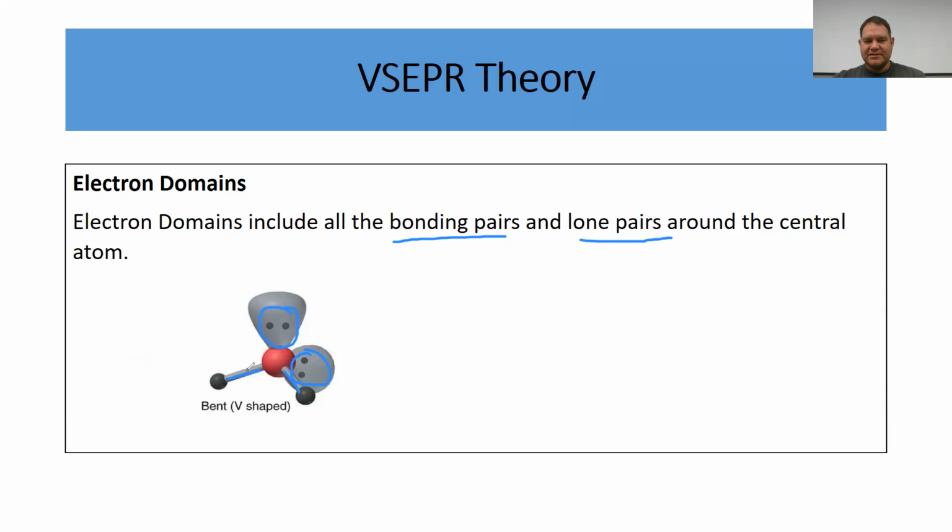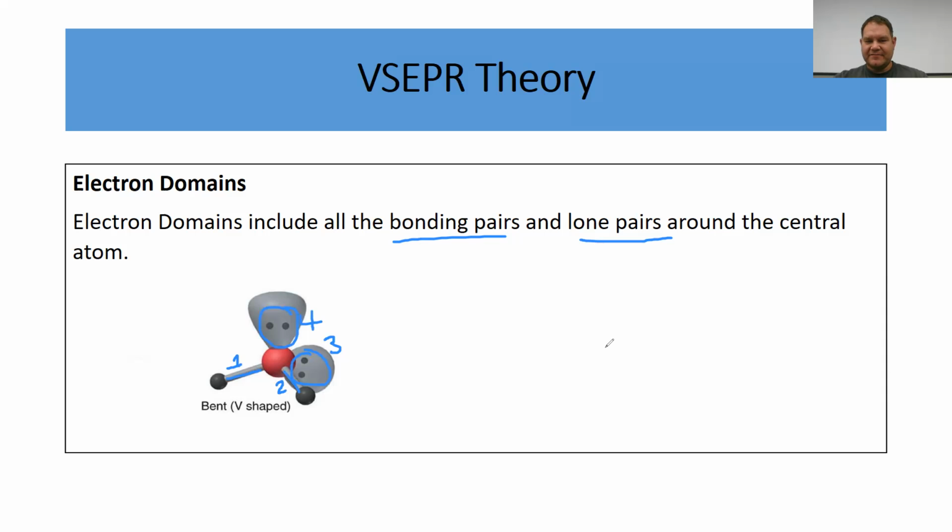Well, let's count. Each bonding pair, or in other words, each covalent bond, is an electron domain. So we have one electron domain, two electron domains, then the lone pairs are domains, so that's three, and then finally four. So this molecule has four electron domains around the central atom.